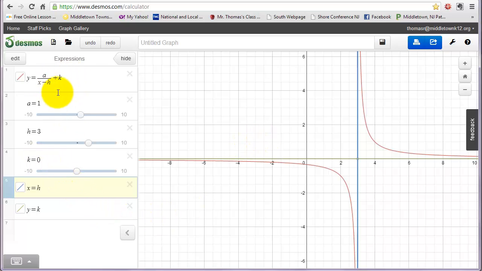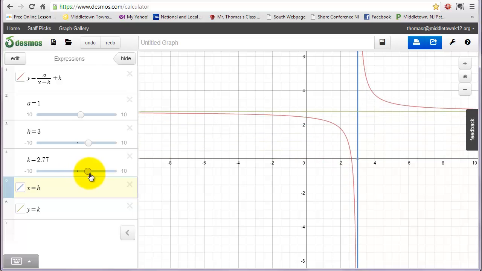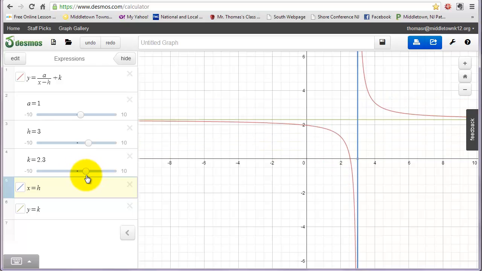K is a vertical shift, so as we make k positive, it's shifting it up, and as it did in the exponential function, it is shifting our horizontal asymptote also. So it's not only shifting all these points up, but it's also shifting the flattened part up.